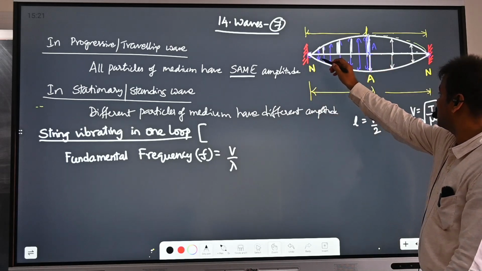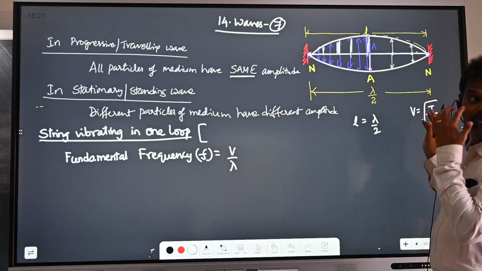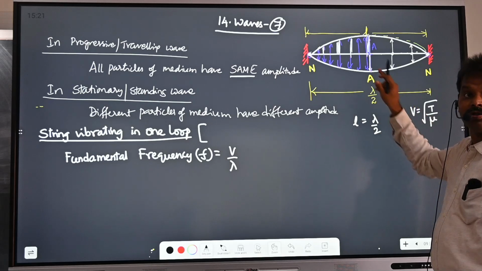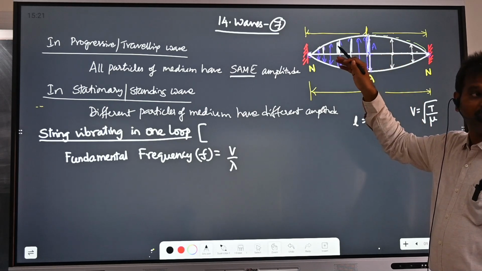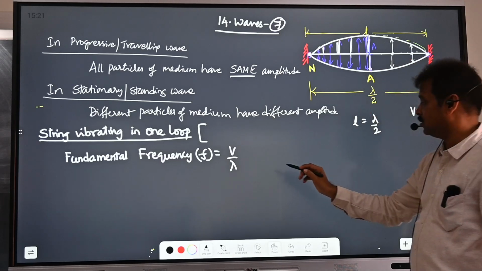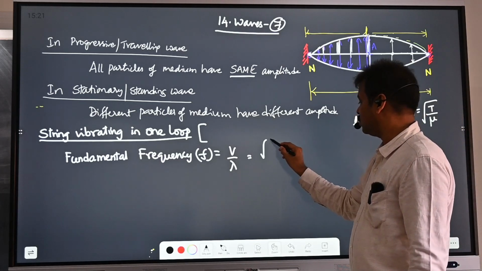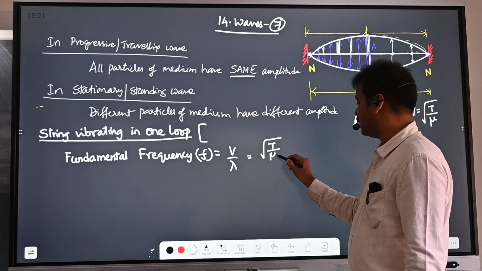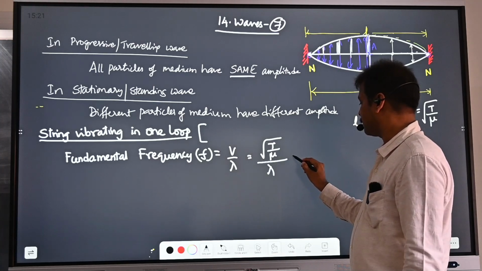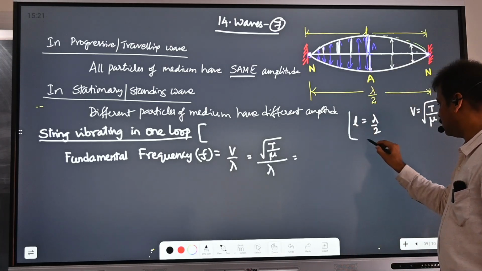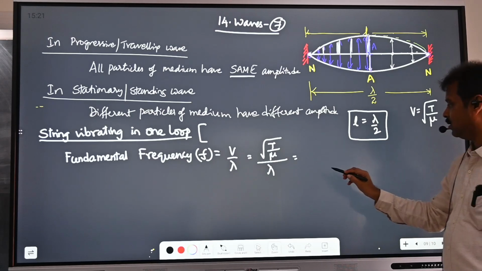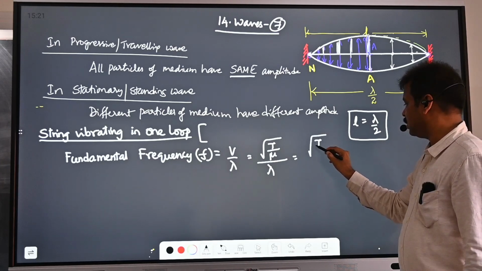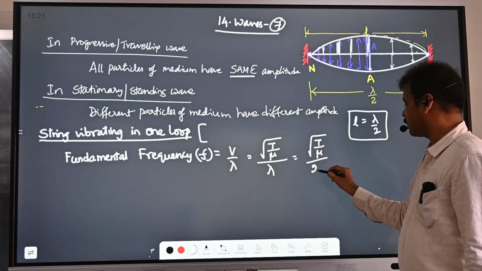That day I took a string, suspended some load, sonometer, and by changing the loads, the tension changed, and then we found the speed of the transverse waves produced in a string. So this is equal to root T by mu, divided by lambda. What is lambda here?